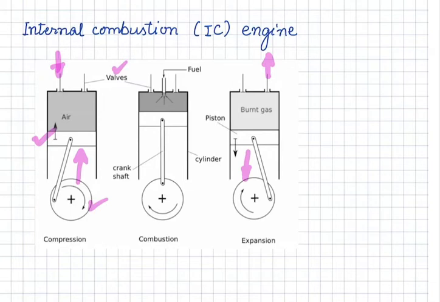So this kind of arrangement is very common in automobiles, cars, trucks, even motorbikes, everywhere. Small aircraft, which are called general aviation aircraft, 2-seater, 4-seater, 6-seater, use internal combustion engines.